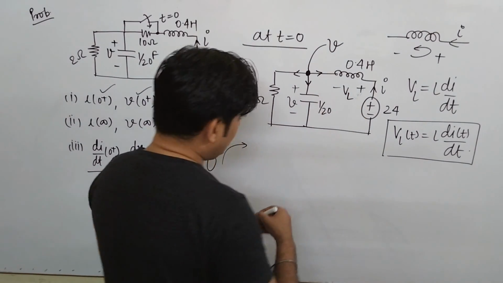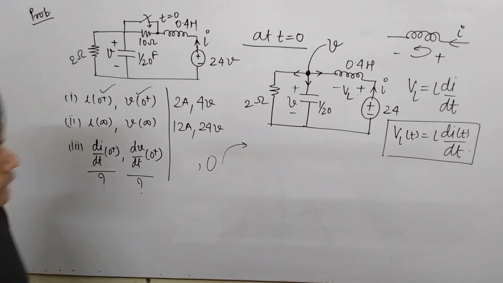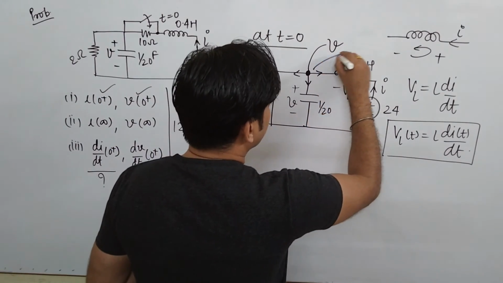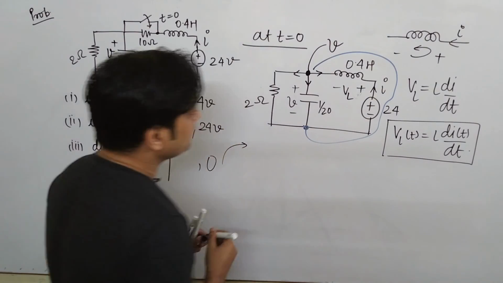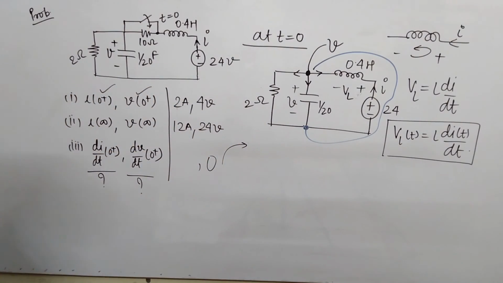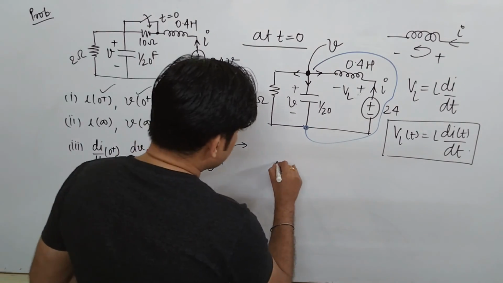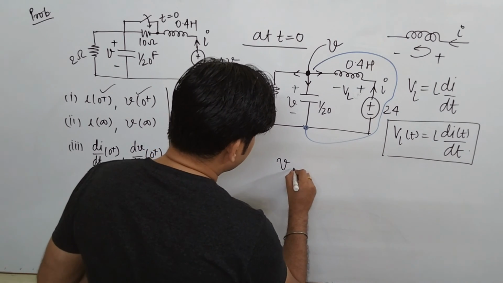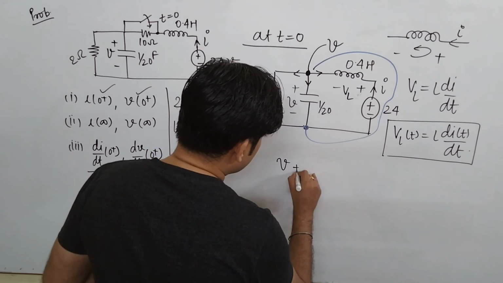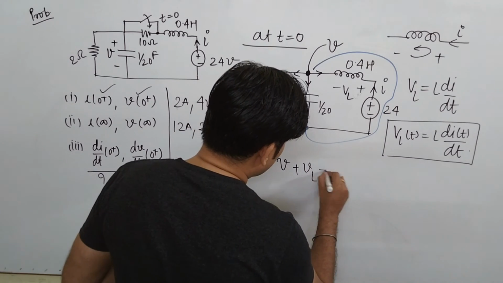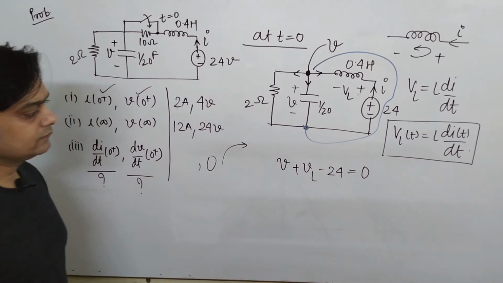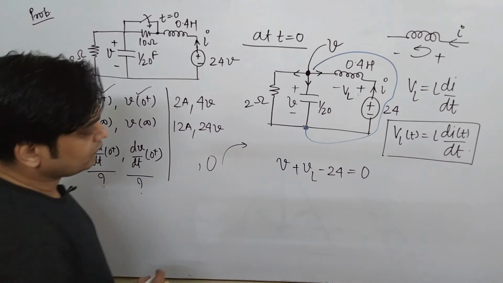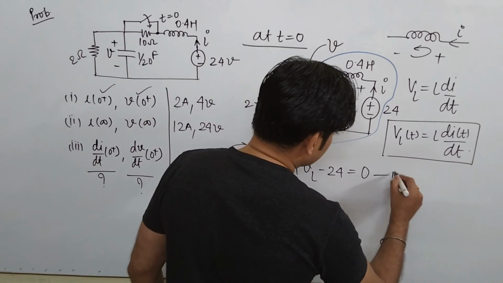Now friends, if I apply this loop from here to here, this is the ground terminal. So what it is? It is V minus 2 plus VL minus 24, that is equal to 0. This is one KVL.